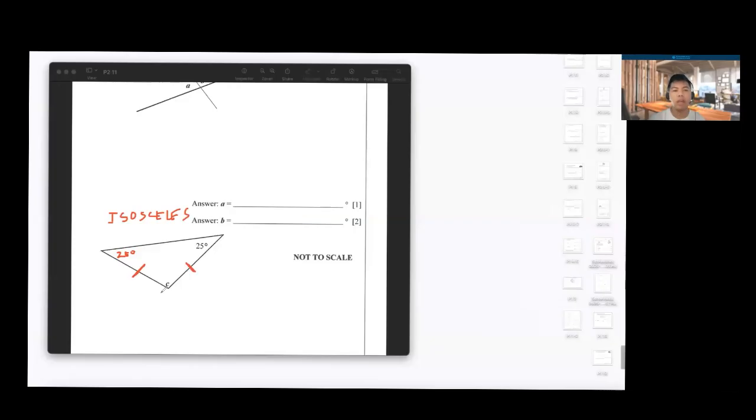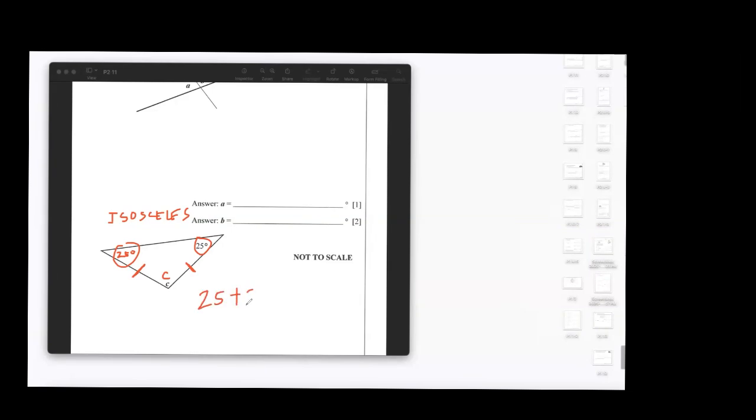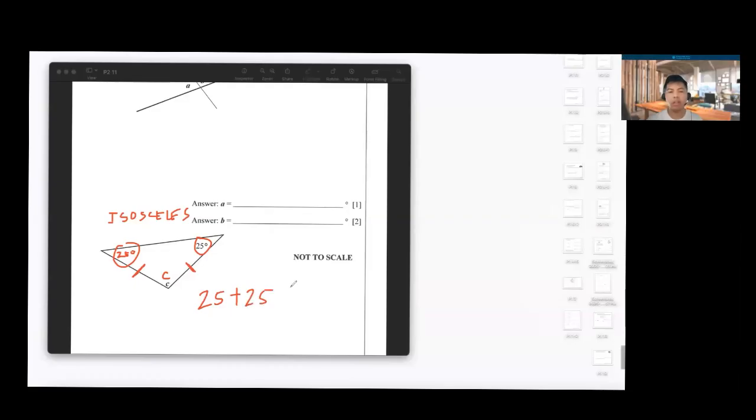So isosceles. Now, if I add 25 and C, what should be the sum of the interior angles of a triangle? 25, Wanda? 50? Oh, the sum of the interior angles of a triangle is? It is always 180.